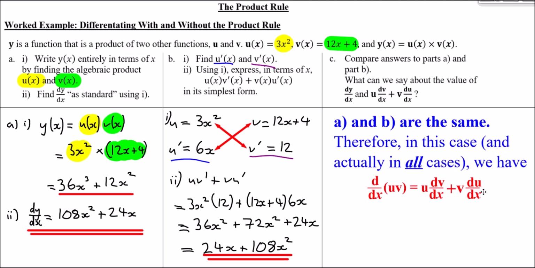So let's apply it and get warmed up and fairly good at using this with some worked examples and practice. First of all, we've got a fairly simple product here with worked example 1. y is the function x cubed multiplied by the function sine x. My advice on how to think of this: let's set u as being x cubed, and let's set the function v as being sine x.